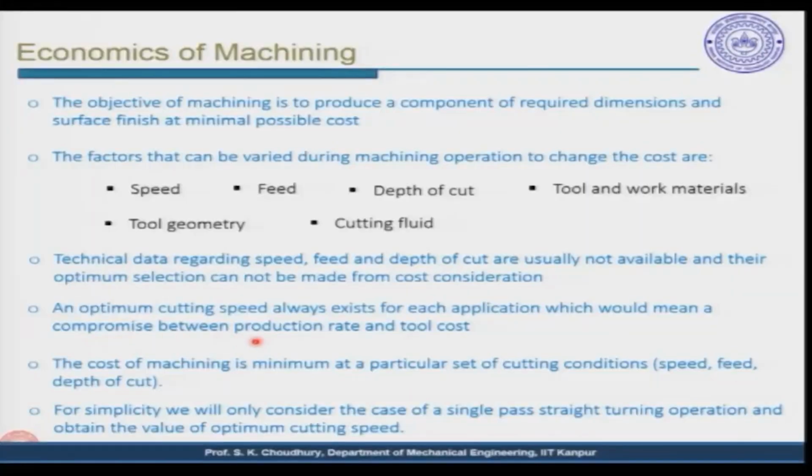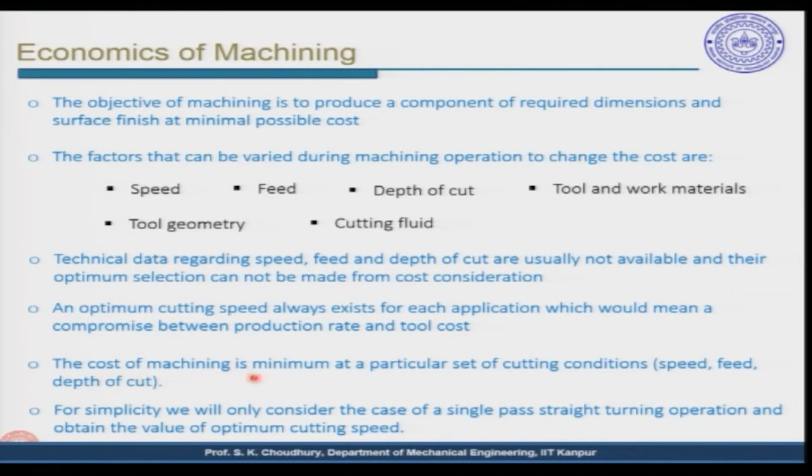But when you are using a high speed, the tool wear is also very high. Therefore, you have to use a certain cutting speed at which the tool wear will not be excessive and the production rate also will not be very low. That is what we call the compromise between production rate and the tool cost.